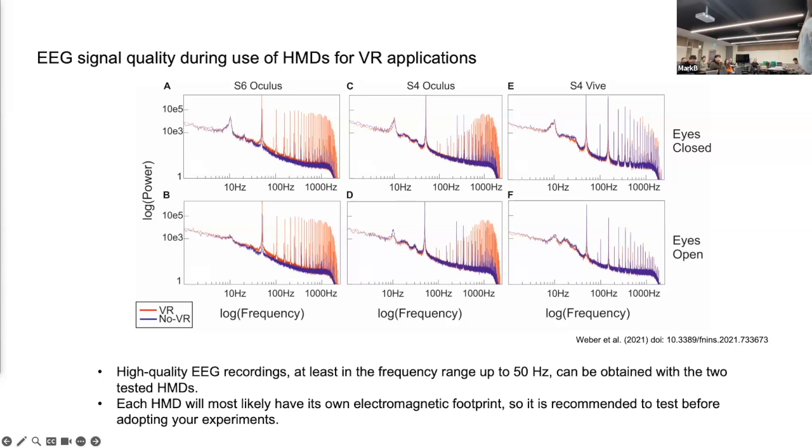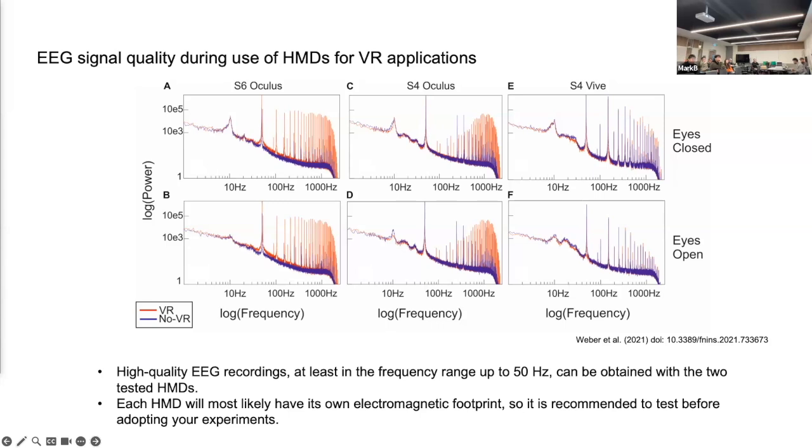Based on this article, it seems that the Vive is a bit better than the Oculus. If we compare C and E here, you can see the Oculus has more noise at the higher frequency.